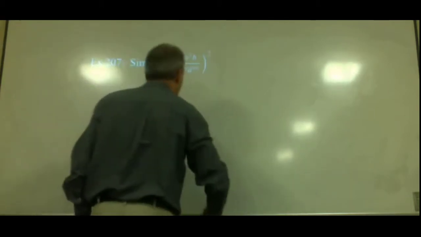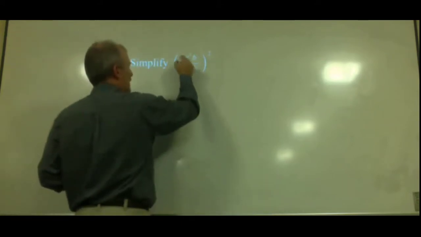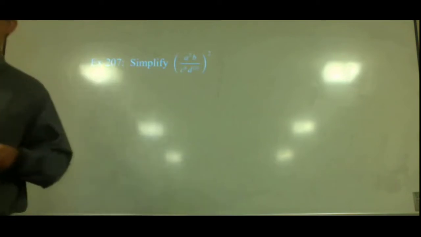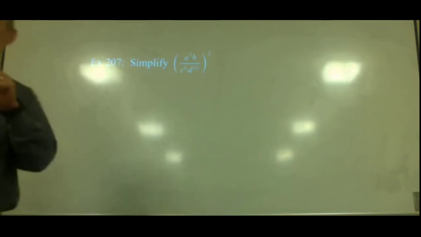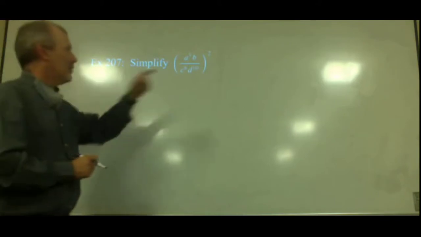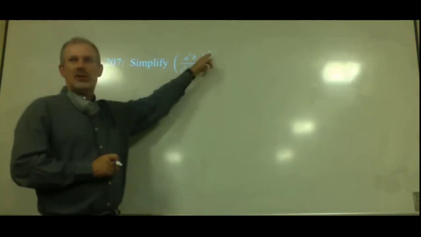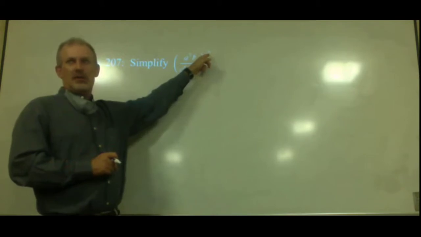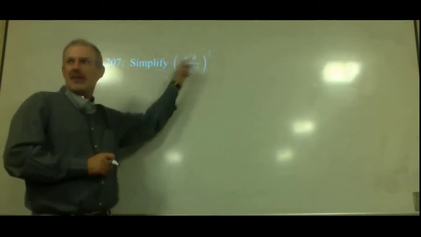All right, so let's continue on here with some other things that are combinations. So notice we have times and divided by, but we've got multiplication and division, right? So what's the first thing that happens here? What do we know about this 2? It applies to everything inside here, right?